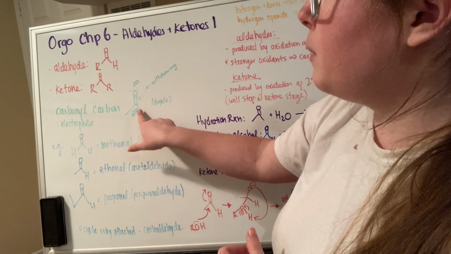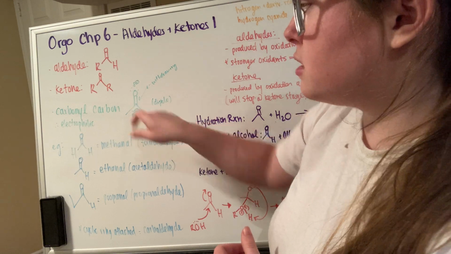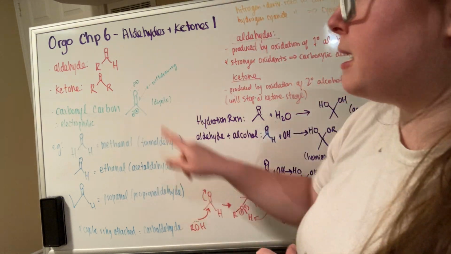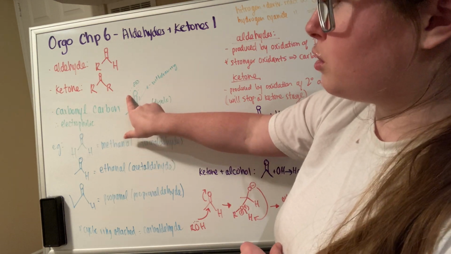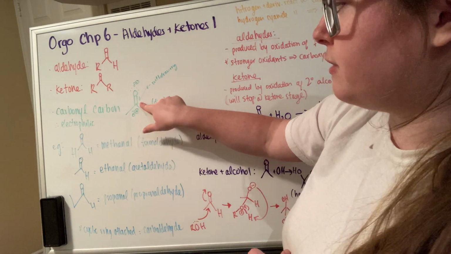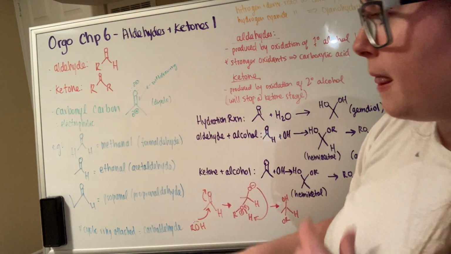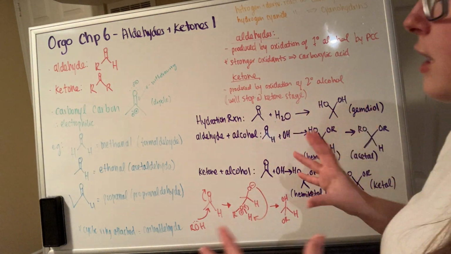So here we have a partial positive charge on this carbon, right? Because oxygen is very electronegative, so it's pulling these electrons close to it, which means that we're leaving this carbon partially positively charged and giving it a dipole. So when this happens, we can use it for so many other reactions.